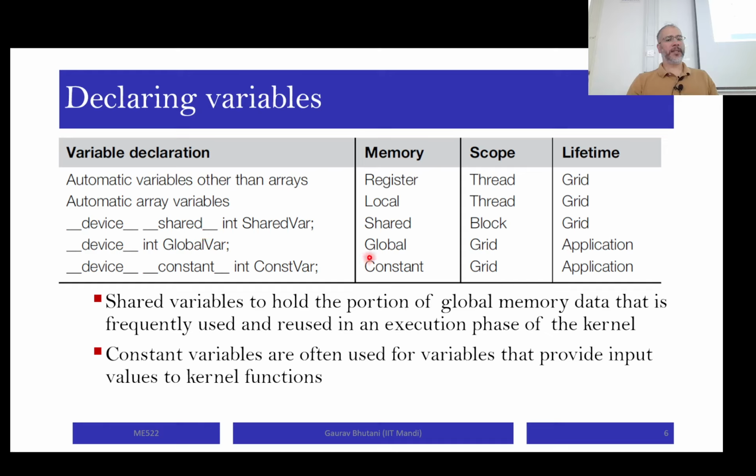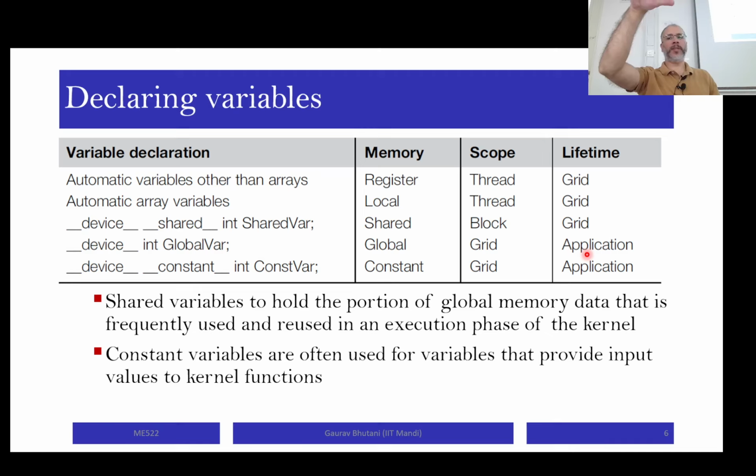Next is global memory. The scope is grid, because all the threads in a given CUDA card can use it. The grid basically comprises all the CUDA cores, all the threads. So the complete grid can access your global memory, and the lifetime is application. If you copy information from host to device, it sits there until you free it.